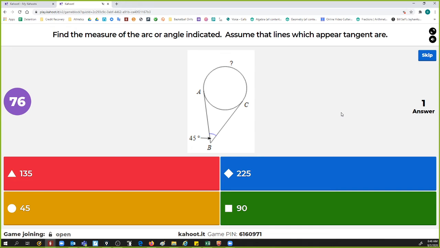Find the measure of the arc or indicated angle. Alright. This is one I had given you a sneak preview of, but I'm glad this came up because we're going to have to talk about this one for a while. You can try to figure it out on your own, but I don't know who's going to be able to figure this one out.